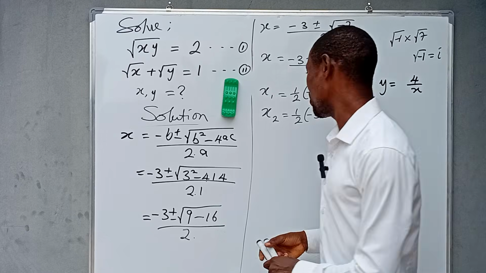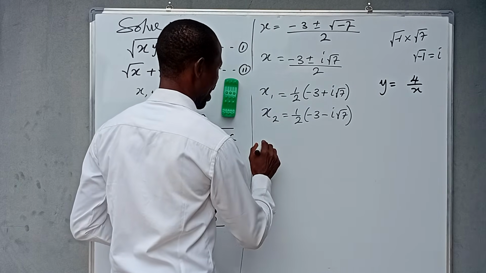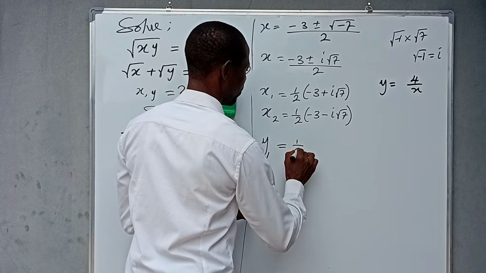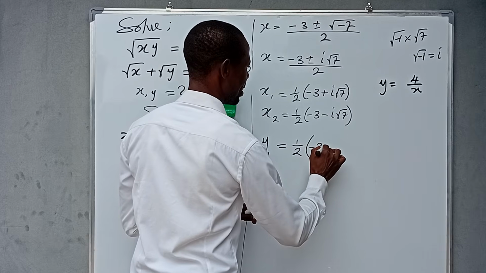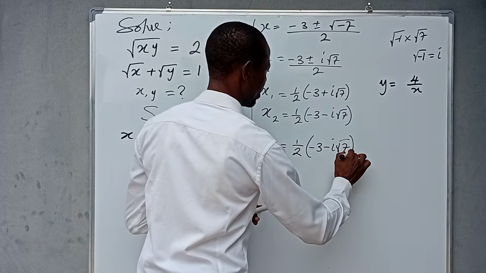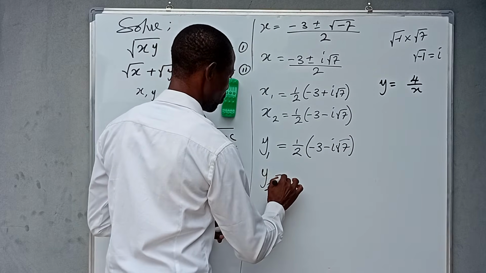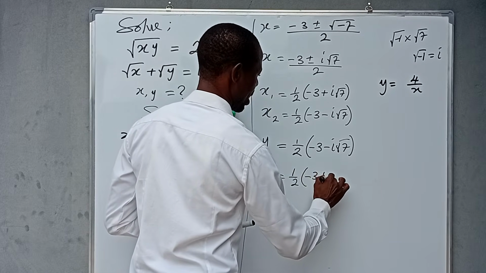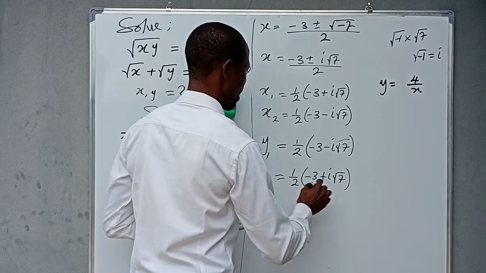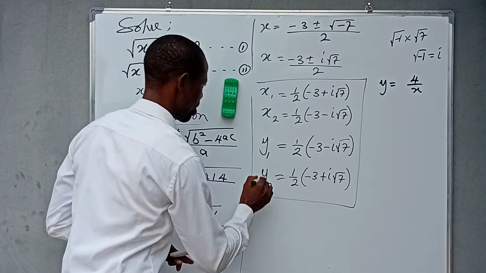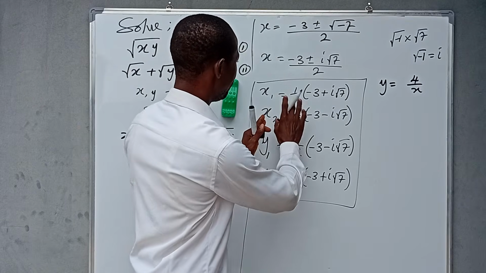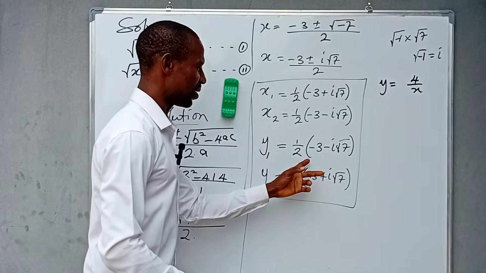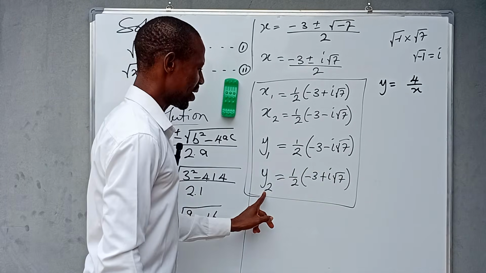So without wasting time, our y1 is automatically going to be 1 all over 2 bracket minus 3 minus iota root 7, and our y2 will be equal to 1 all over 2 bracket minus 3 plus iota root 7. If you care to check, you can plug the value into this equation, and when you rationalize it, it's going to give you y1 to be this and y2 to be this.